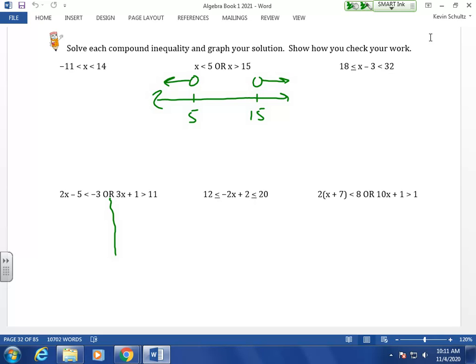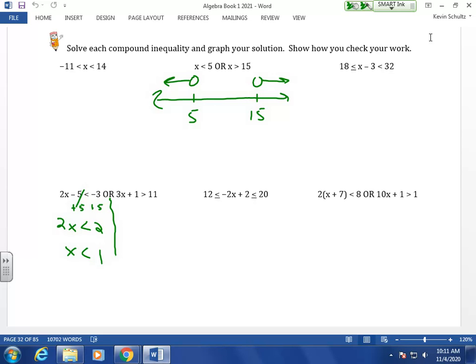So for this one, we're going to start by adding 5 to both sides to cancel it out. So we get 2x is less than 2. Divide by 2 to get x by itself, and we get x is less than 1. It's a standard, relatively simple two-step inequality that we learned about earlier.